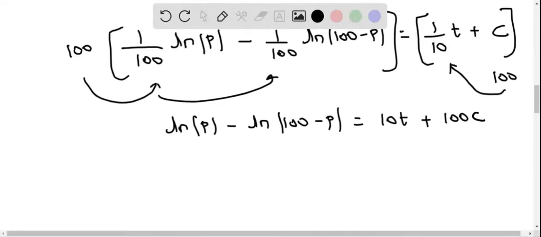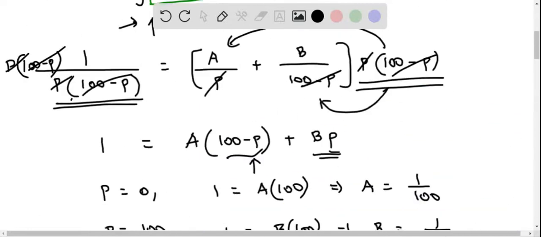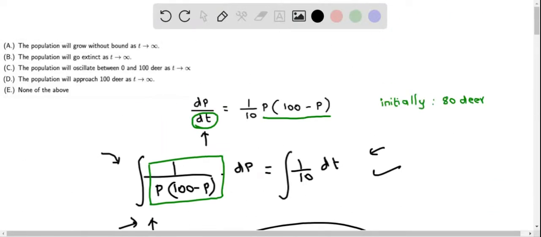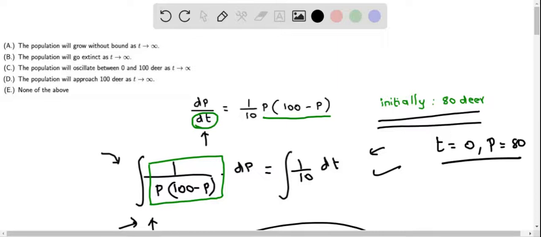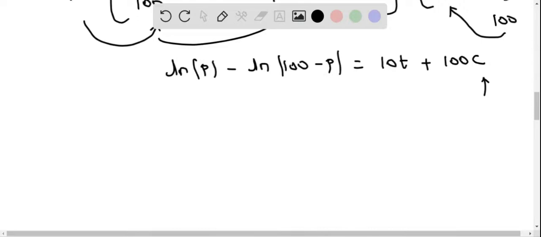Let's simplify this now and solve for the integration constant c using the initial conditions. Remember that we are told that initially there are 80 individuals, and this means when t equals 0, the population p equals 80. So we are going to apply this condition to determine the integration constant c.